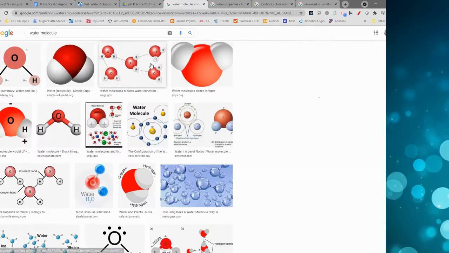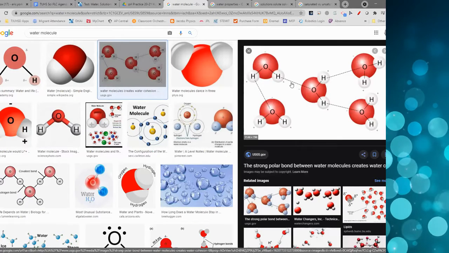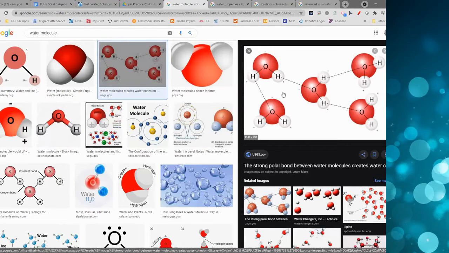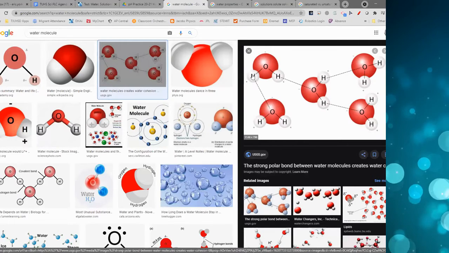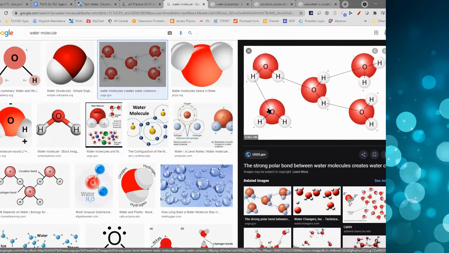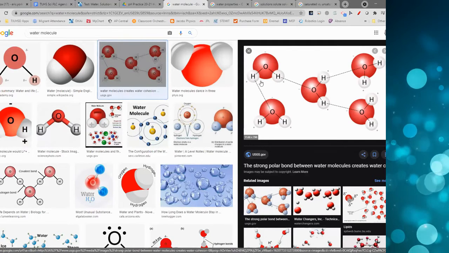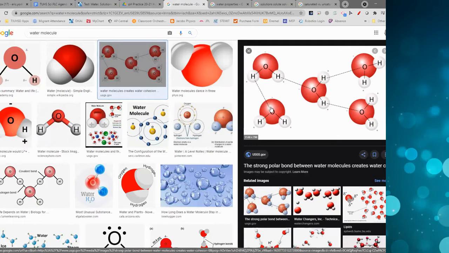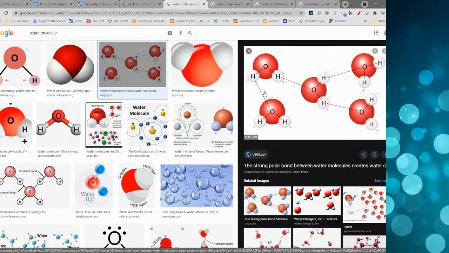As a polar molecule, water will bond to other water molecules through what we call hydrogen bonds. Because hydrogen is partially positive and oxygen is partially negative, the hydrogen of one molecule will be slightly attracted to the oxygen of another molecule, and this is what forms the hydrogen bond.